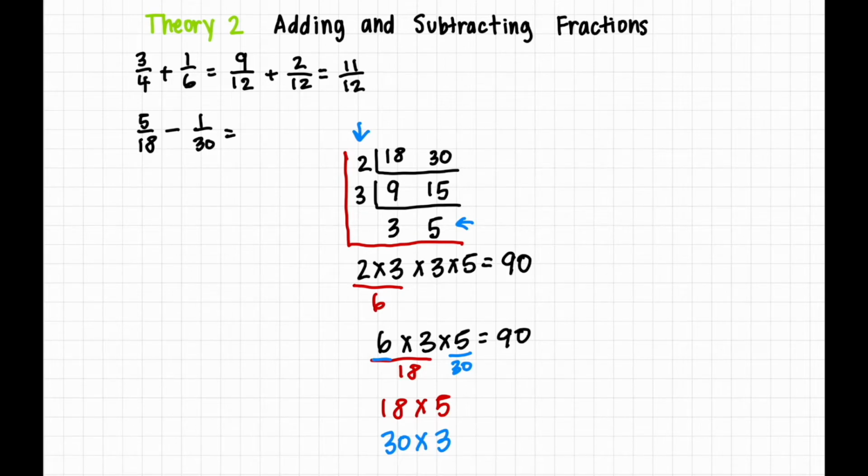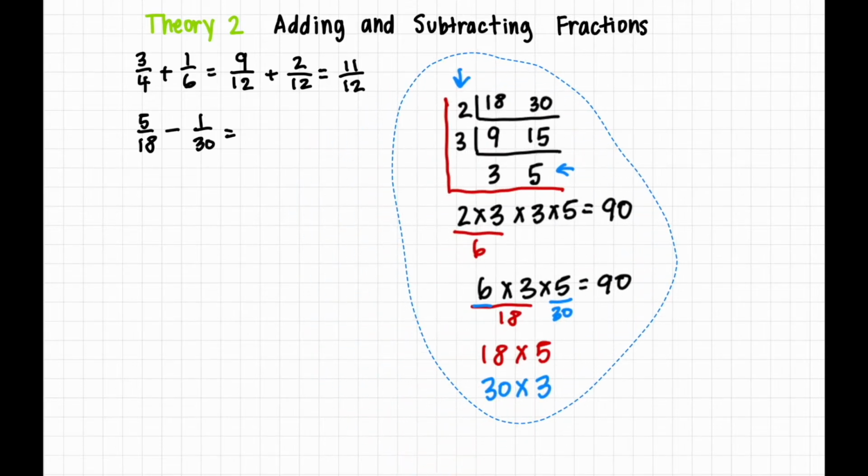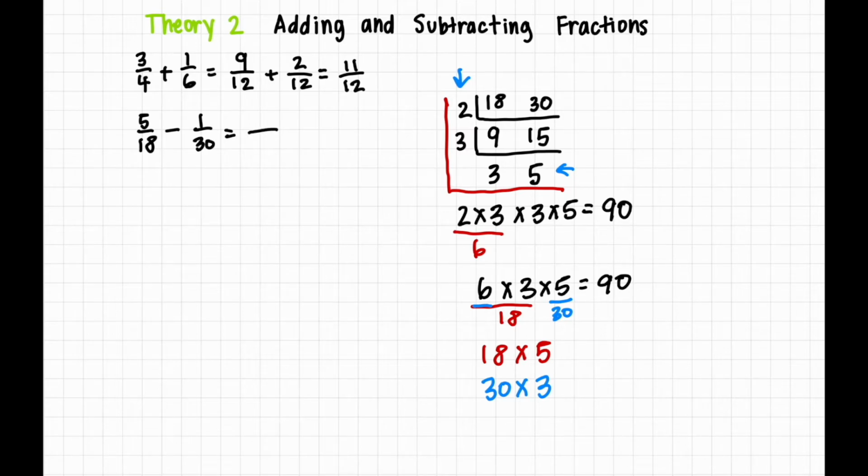So if we go back to the question that we were answering, the least common denominator of the two would be 90, right? And like we said here, we did 18 times 5, so we would also do 5 times 5 to the top. So 5 times 5 is 25.